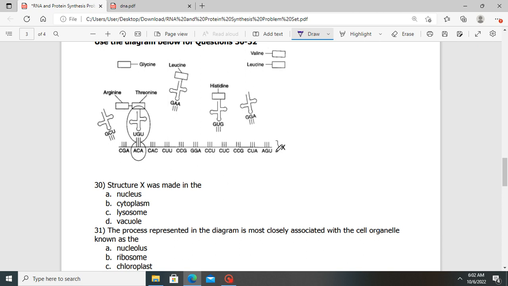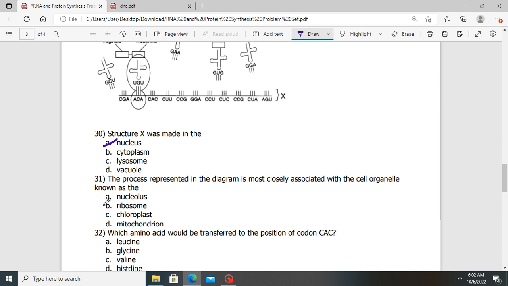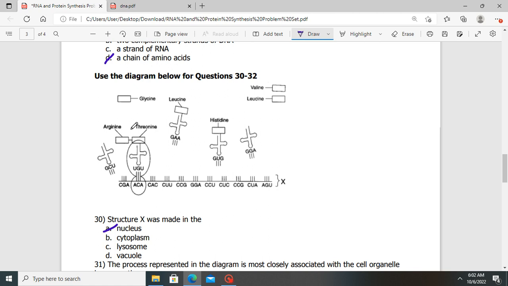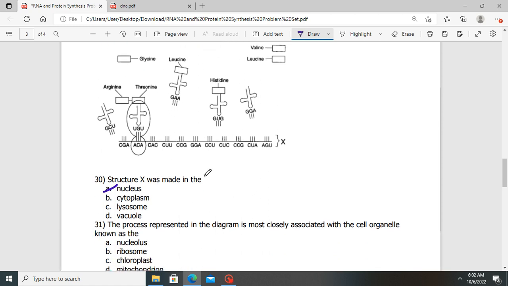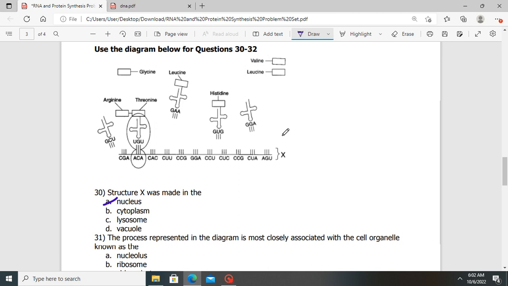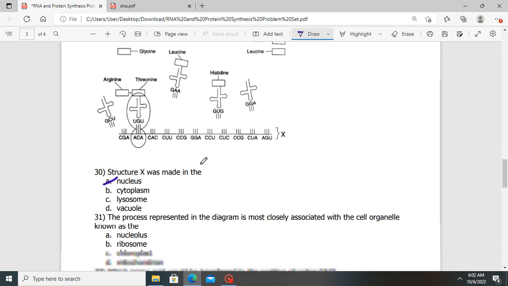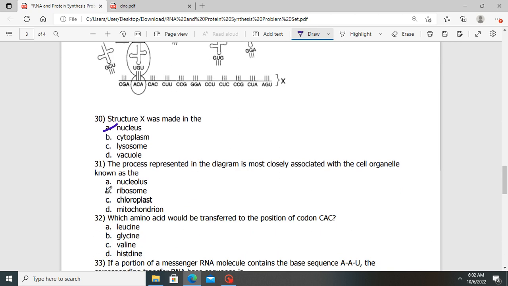So 30, the answer is A. 31. The process represented in the diagram is most closely associated with which cell organelle? Translation occurs on the ribosome. So 31, the answer is B.